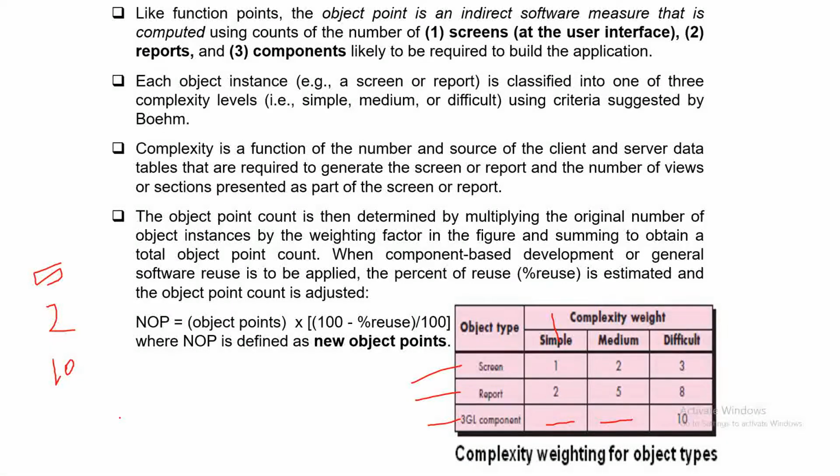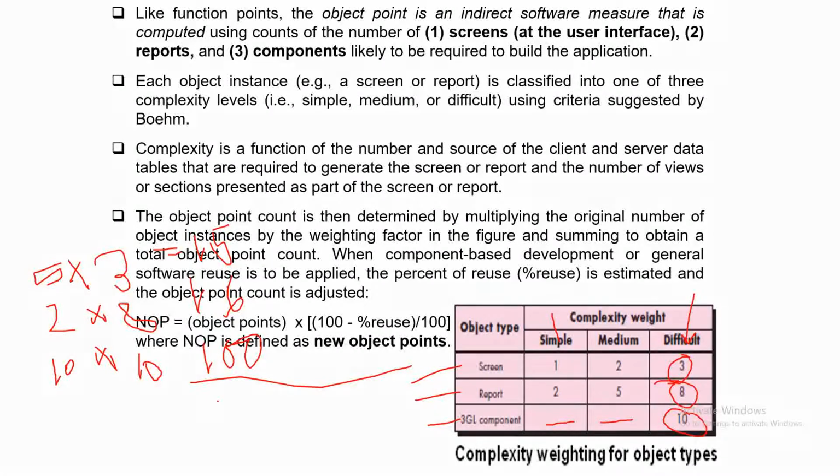And the type of system you are dealing with comes into, let's say, the difficult category. So how will you calculate the object point? 5 screens, you will multiply by the value 3. Reports, you will multiply by 8. And components, you will multiply by 10. You calculate the values, say 15, 16 and 100, and you get the sum.